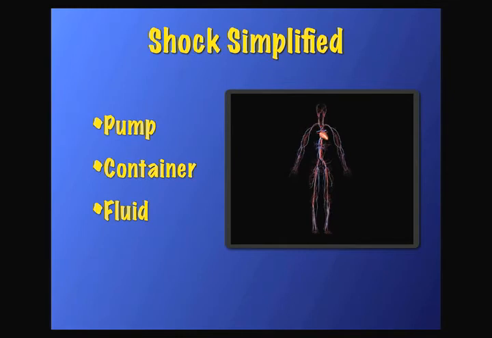If there's any problem that affects any one of those three components, it will cause the body to slip into shock. And the body's ability to compensate for whatever the problem is will affect the body's progression in the shock process. Either it will resolve or it will continue to deteriorate to the point where it can no longer compensate and shock becomes decompensated.